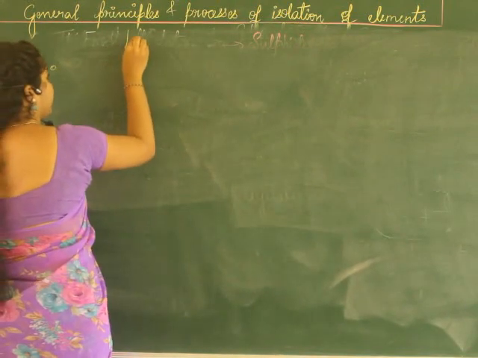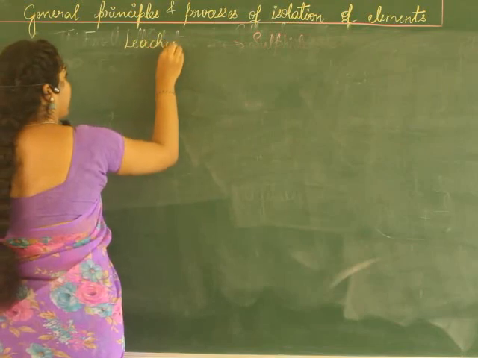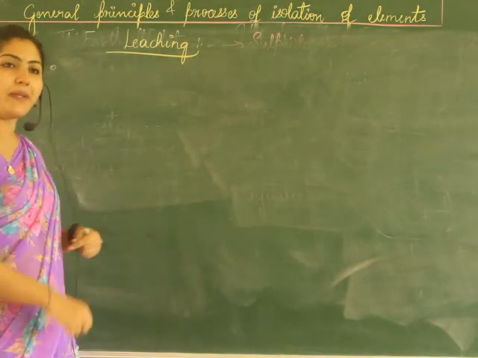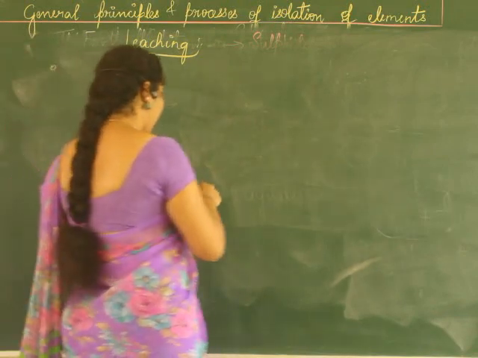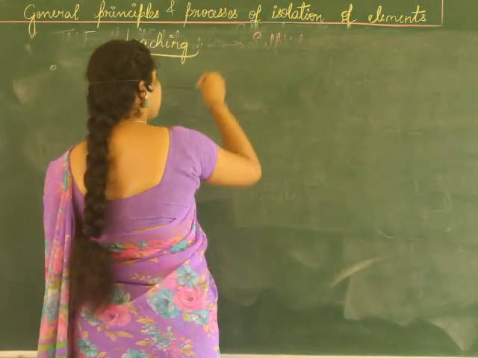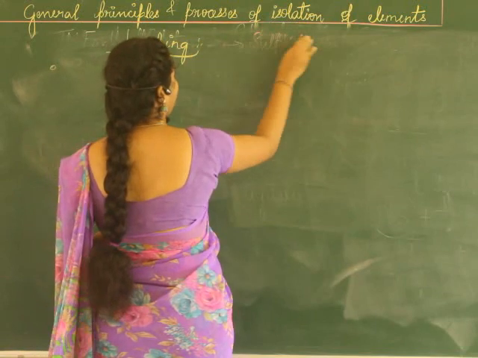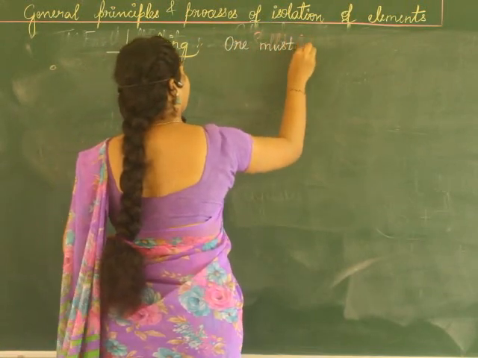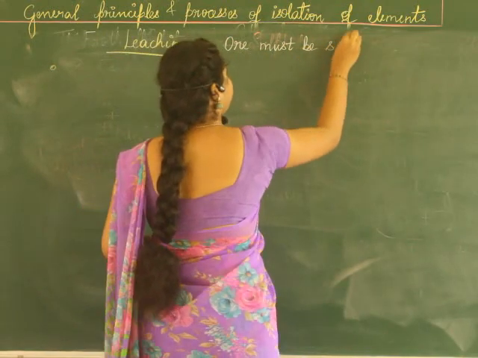So what is the principle behind leaching of the ore? Leaching. One example that has been mentioned in the syllabus is for aluminium. That again we will study. The principle of this is the ore must be soluble.